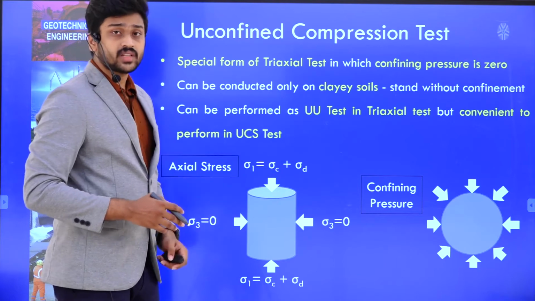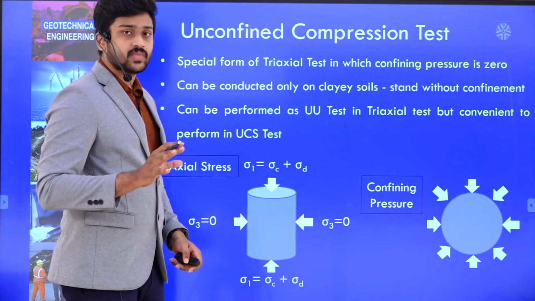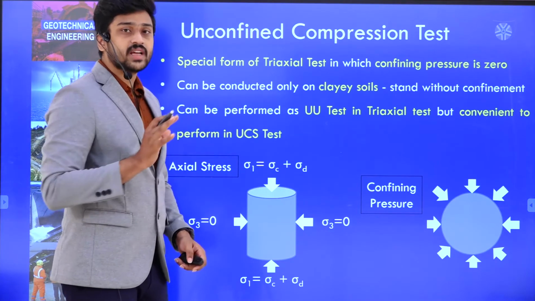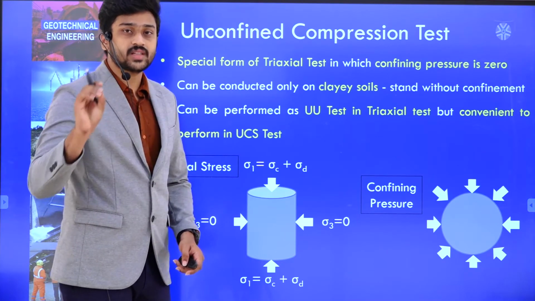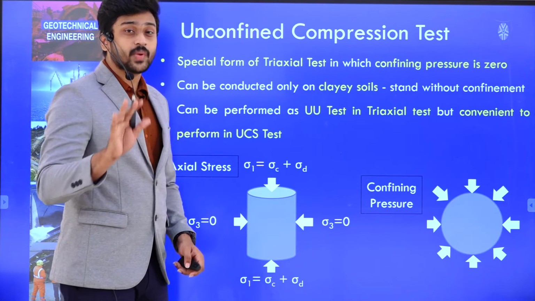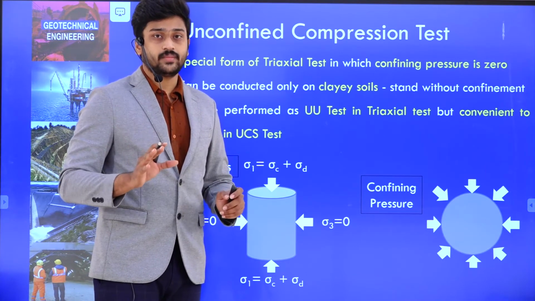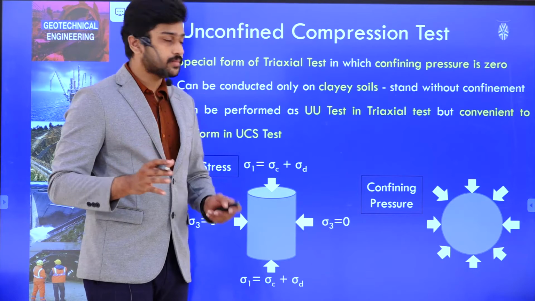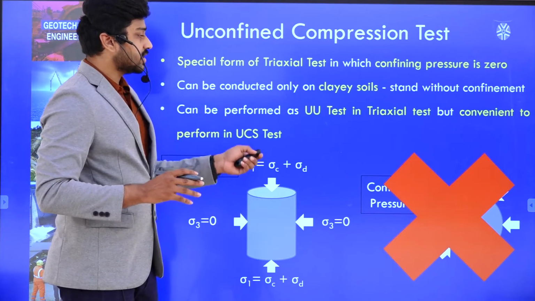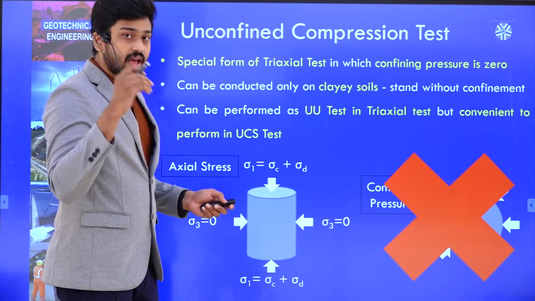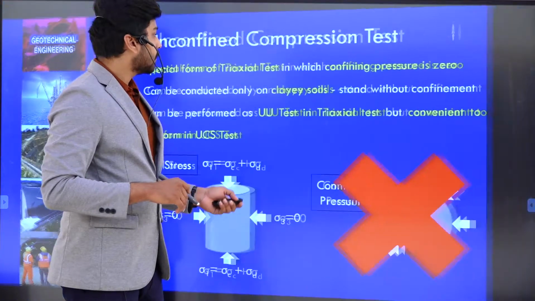So that is why sigma 3 is 0 in this particular case. As I have stated, it is similar to the triaxial test, but the only change is sigma 3 is 0. And this type of test can be performed only for clayey soils which stand without confinement. So that is why there is no confining pressure, only axial pressure is there.